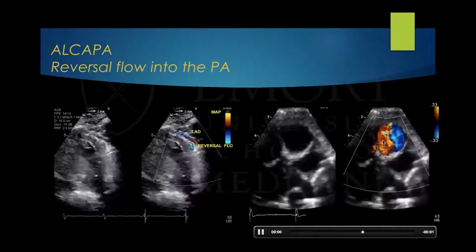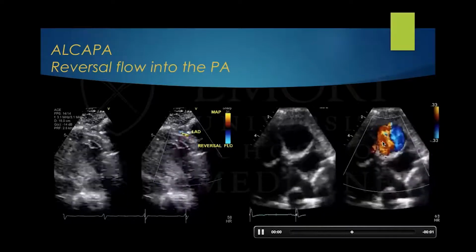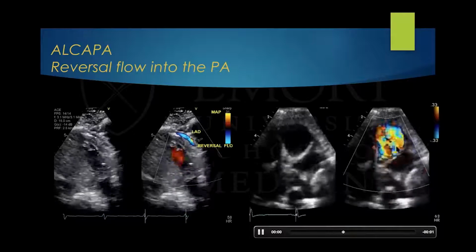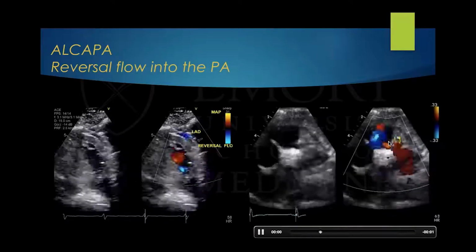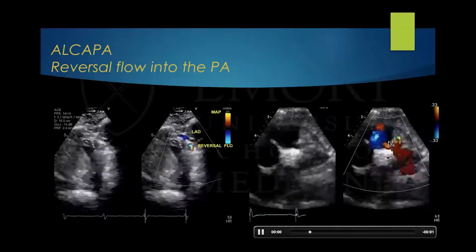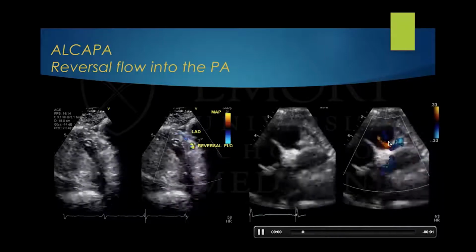So the flow will drain directly into the PA instead of coming out. And also the hypoxia due to the flow from the PA that has a lower oxygen level than the aorta.